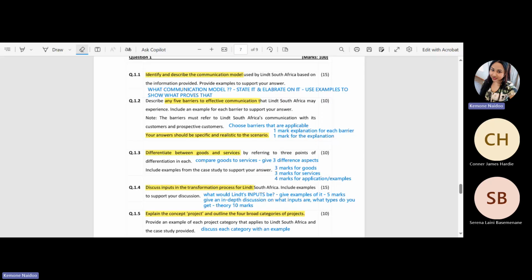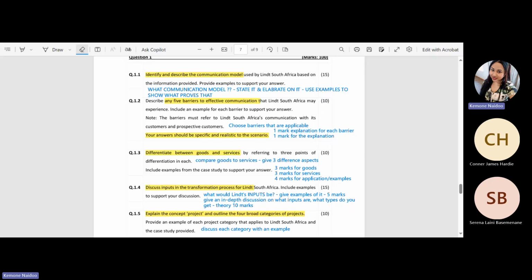Now, when we are asked to identify and describe, there's two parts to this. Identify is the first one. So when we are asked to identify something, it means we need to specify. So we need to give a name, we need to state something. And in this case, remember we get two communication models. We have our linear model and we have our convergence model.